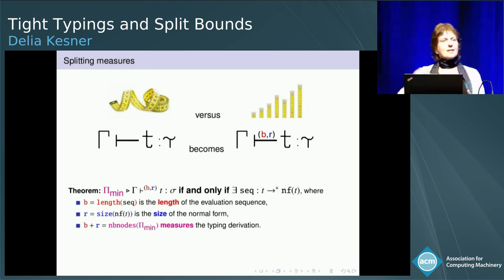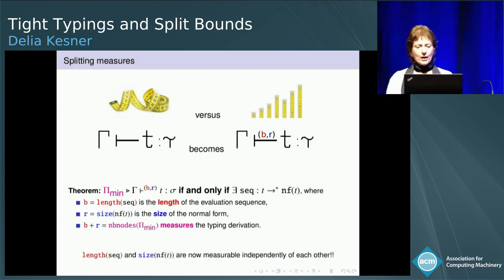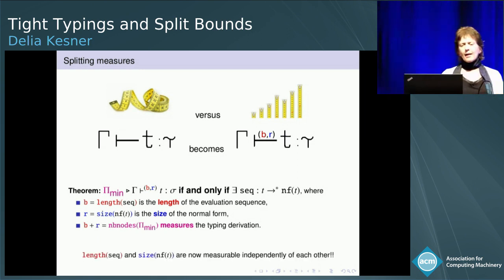That is, there exists a sequence going to normal form, and moreover, the red counter corresponds exactly to the length of the reduction evaluation path going to normal form. The blue counter corresponds exactly to the size of the normal form, and the sum of the two counters corresponds exactly to the size of the typing derivation. So this is a dynamic information extracted from a static tool, which is a typing derivation. Okay? Now the length and the size are measurable in an independent way.